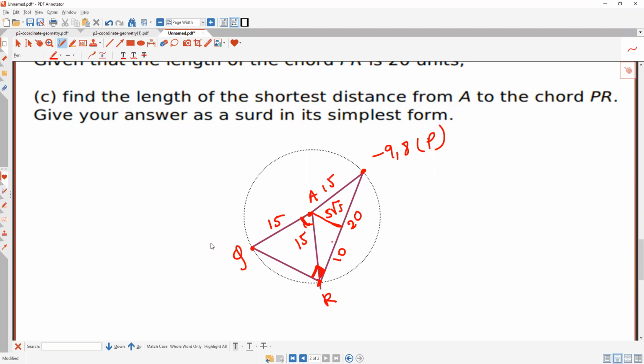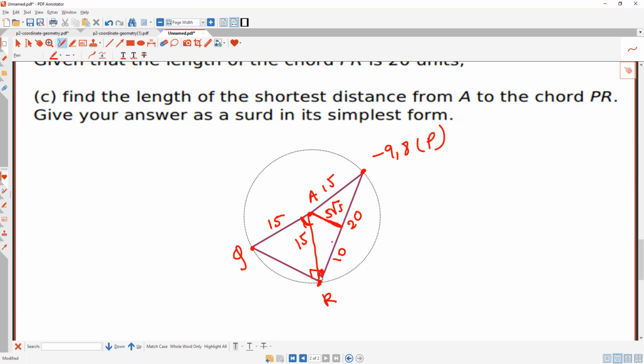I'm saying again, you know that this is 90 degrees, right? This part is 90 degrees because it's a diameter. So if this is 90 degrees and if I find the angle over here, you see we know this 5√5.